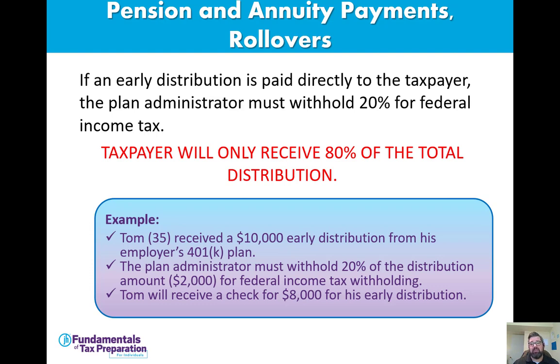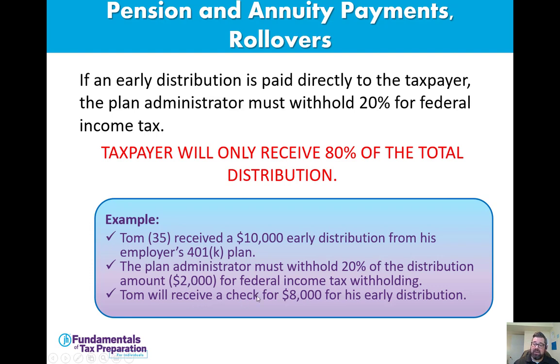Okay, but it is a requirement that the plan administrator must withhold 20% of the distribution. Okay, so in this example, Tom took an early distribution of $10,000, so they had to withhold $2,000 for federal taxes, and he only got $8,000.